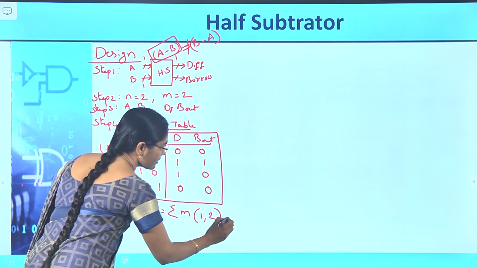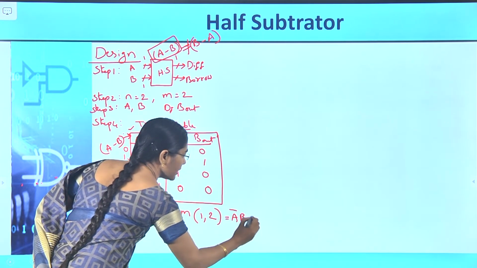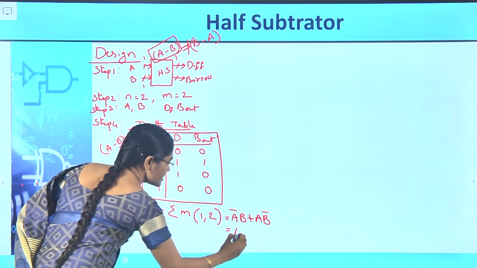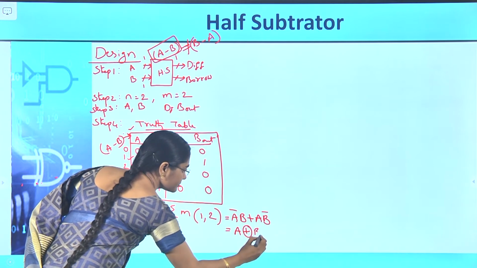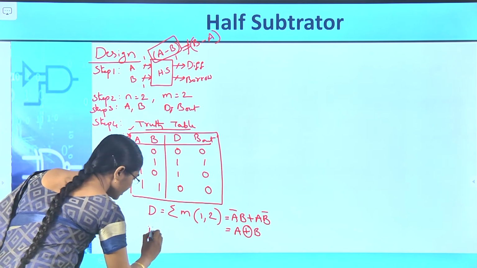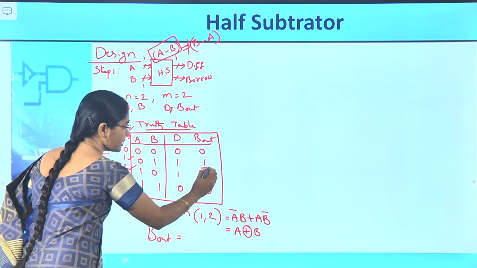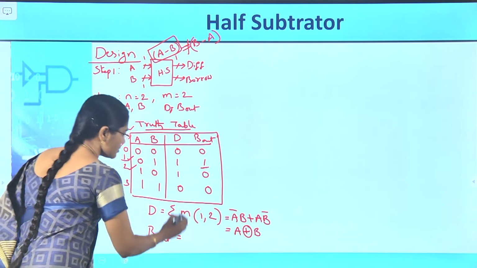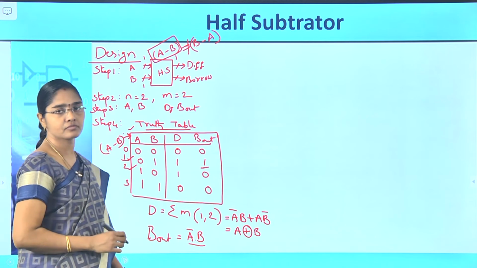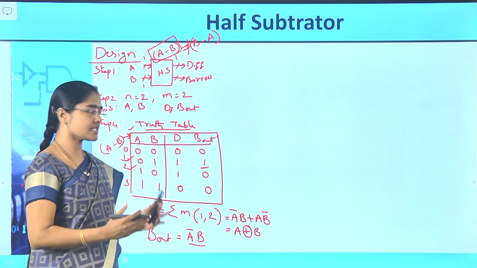Written in terms of input variables, those two are A bar B plus A B bar, which we can write as A XOR B as per the definition of XOR. Similarly, the borrow out expression has only one minterm, minterm 1, so it is equal to A bar dot B. These are the difference and borrow out expressions from the truth table.